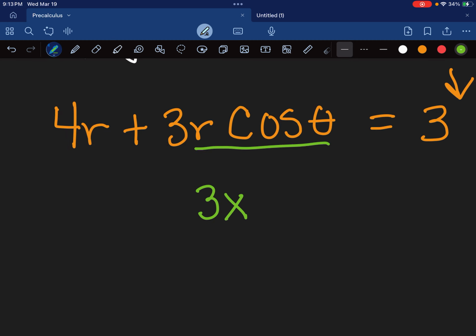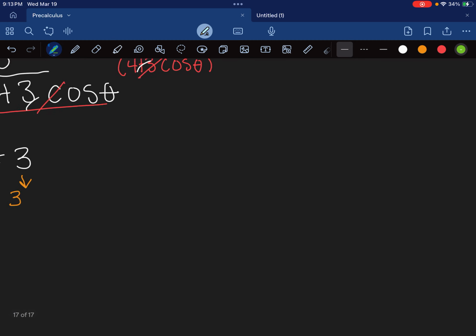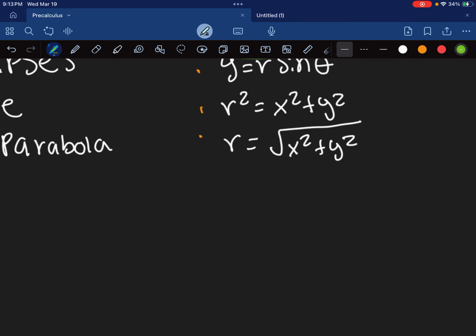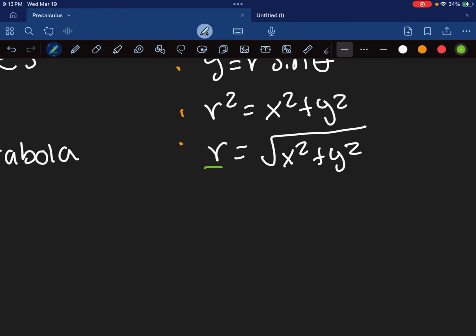And then for this 4 right here, we can also substitute the r. If we go back here, we see that this r can be the square root of x squared plus y squared. And we got this equation from this equation right here, if you're wondering where I got that.